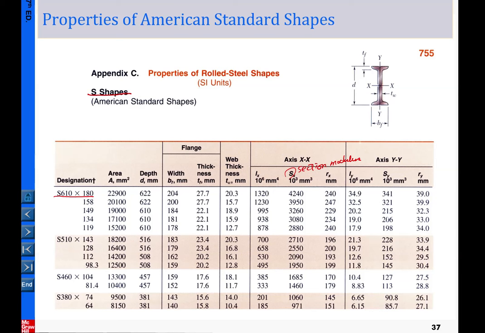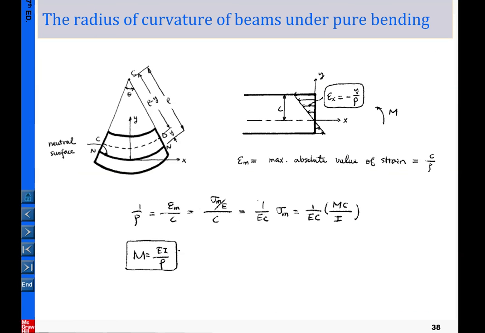Okay, so now let's go to a different topic. Again, we remind you of what we derived before: the magnitude of the moment can be related to the radius of curvature. This is the radius of curvature measured from the common center to the neutral surface, and 1 over rho simply equals the curvature.